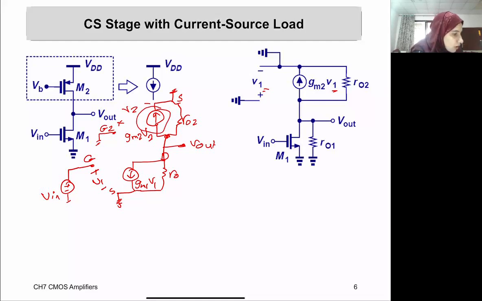You can see that this side of V2, the gate, is grounded, and the other side of V2 is also grounded. Both gate and source of this transistor are grounded in the small signal model, which makes V2 equal to 0, and therefore this current source is not existent. Is this part clear?